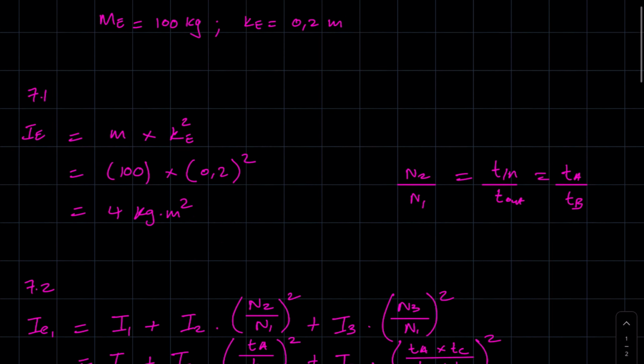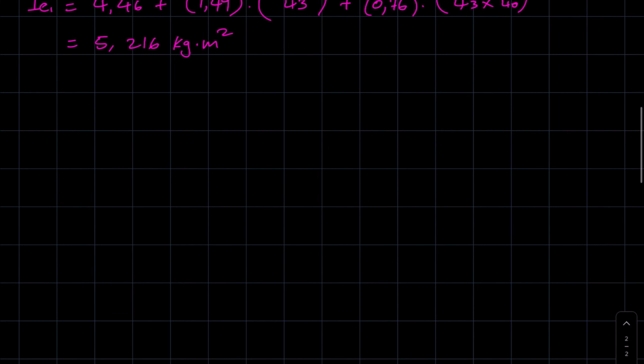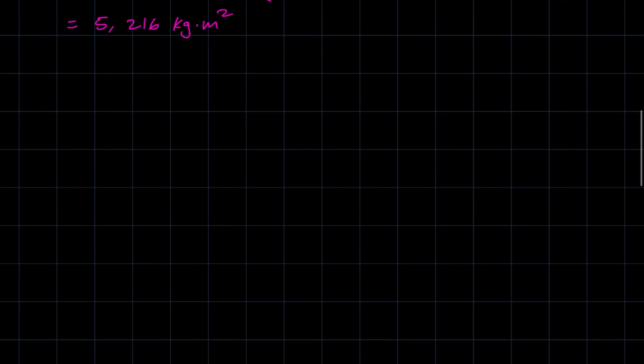So you would calculate the angular acceleration of the input shaft, use the gear ratio to calculate the angular acceleration of the output shaft, and then use equations of motion to calculate the rotational frequency of the output shaft. So that's the one approach.